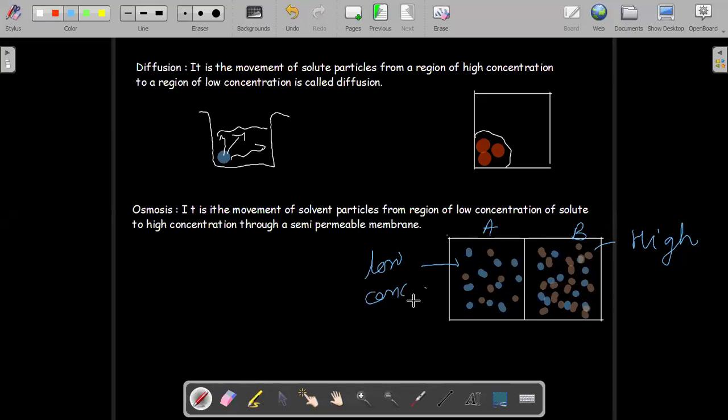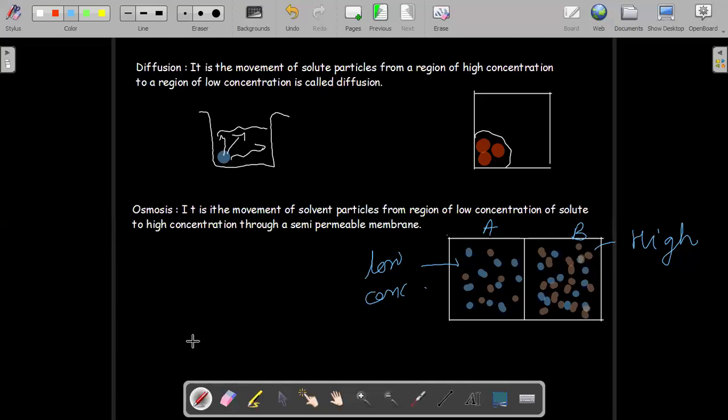Yes. If you observe, in between, we have put a semi-permeable membrane. The role of the semi-permeable membrane is to stop the movement of the solute particles. It will not allow the solute particles to get mixed up. Now, due to the concentration gradient, what will happen? To maintain the concentration, the solvent particles will start moving.